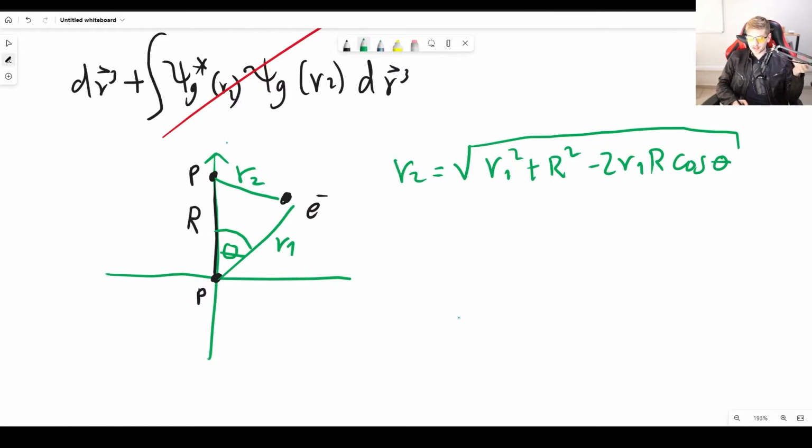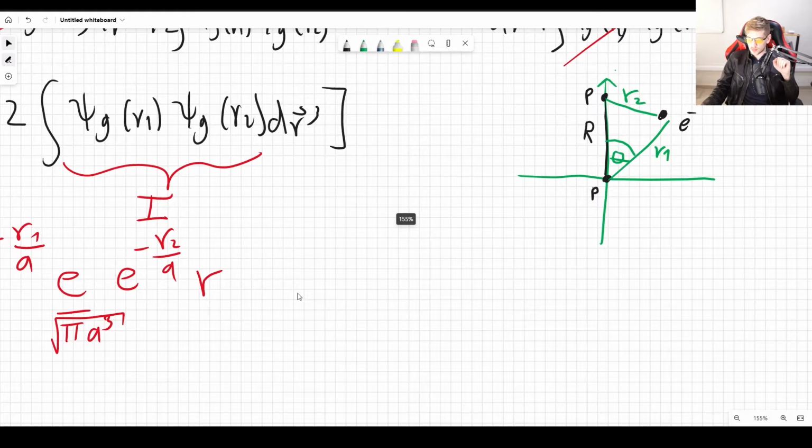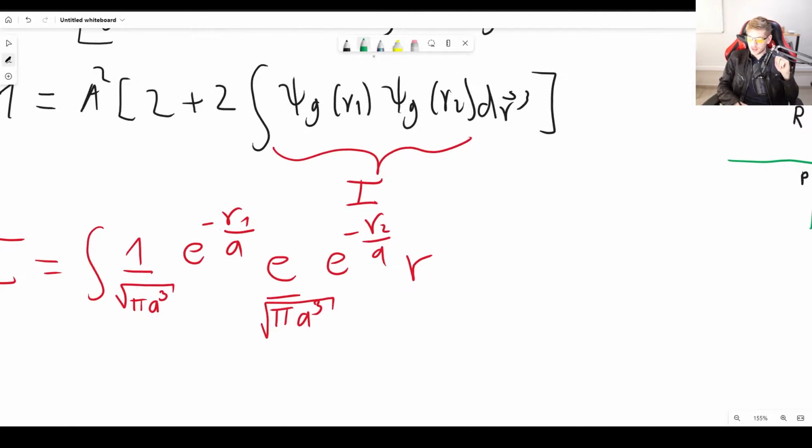So by doing this, we are only left with the coordinates of system number 1.